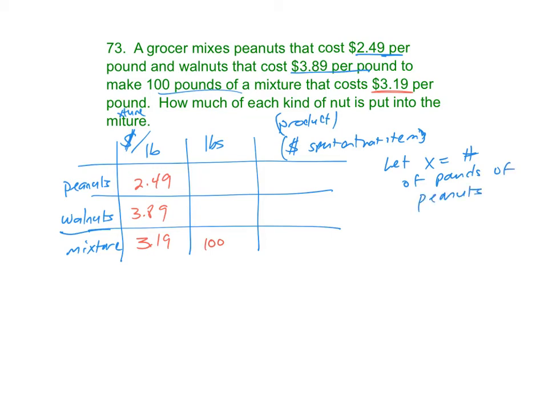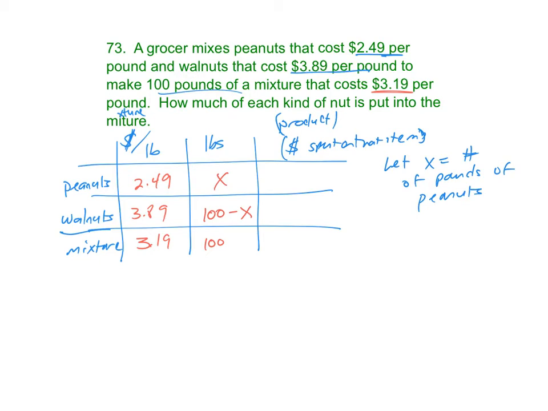And if x is the number of pounds of peanuts, I'm going to fill that in our table. Then I can figure out the number of walnuts without using a new variable, because the number of pounds of peanuts plus the number of pounds of walnuts has to equal 100. So the number of pounds of walnuts has to be 100 minus x. So like if we have 20 pounds of peanuts, we'd have 100 minus 20 or 80 pounds of walnuts.